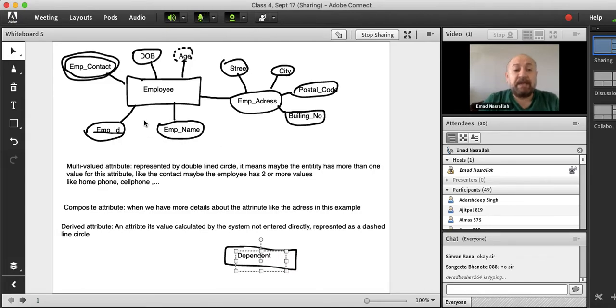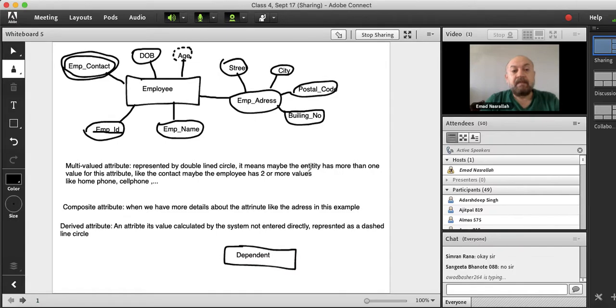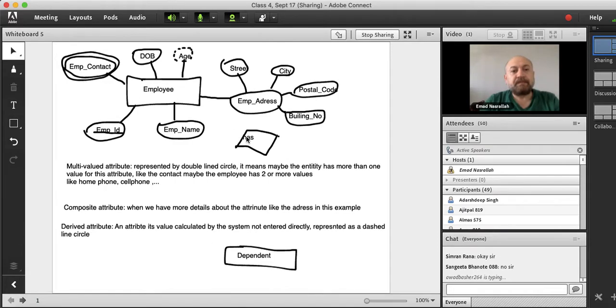So here we will have, let me write it first. No, I will complete drawing. Let's say the employee has dependents.